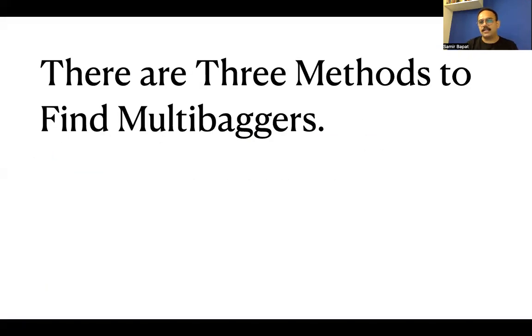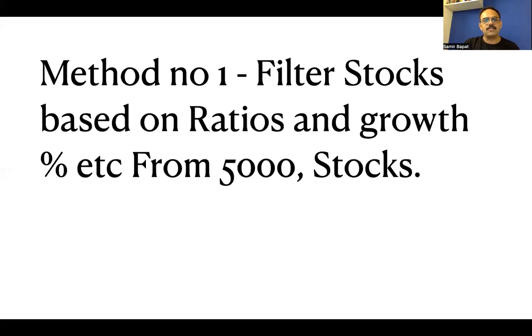There are three methods of finding multi-baggers. Multi-baggers means the stocks which are going to go up 1x, 2x, 3x in coming years. So how do you find them? Typically, in my experience, method number one is to filter the stocks.